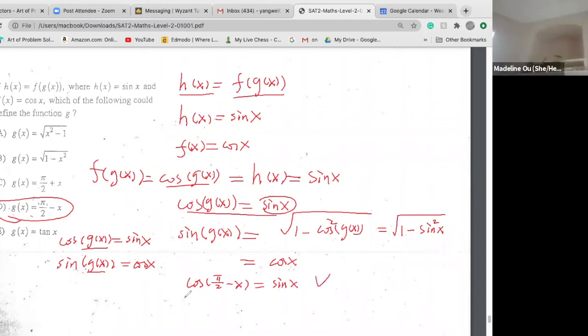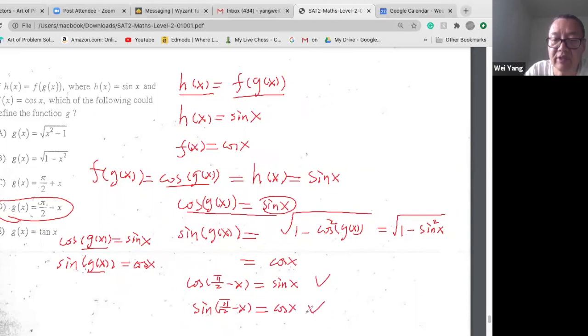Now, sin of pi over 2 minus x also equals cosine x, right? So then gx equals pi over 2 minus x satisfies these two equations. So that means the correct answer is D.